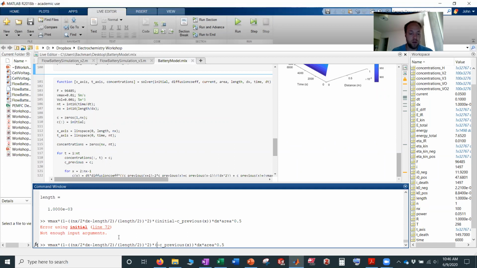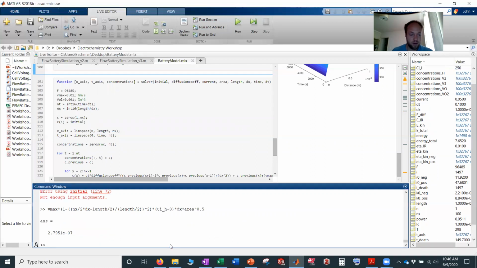Sometimes these codes can be annoying to debug. C_i high, let's say, times, when this goes to 0. Yeah, so you see this number is really small. So we should figure out why that is.